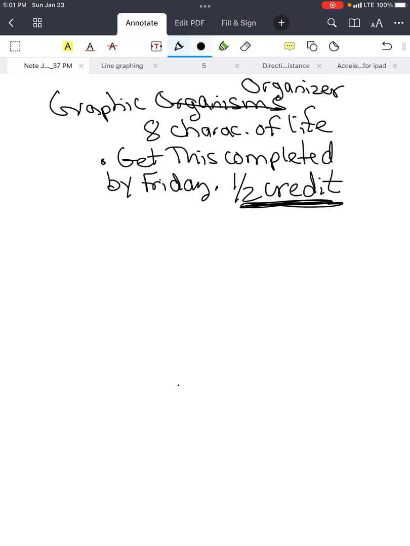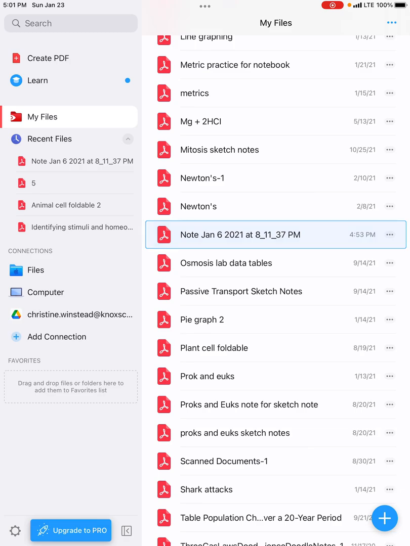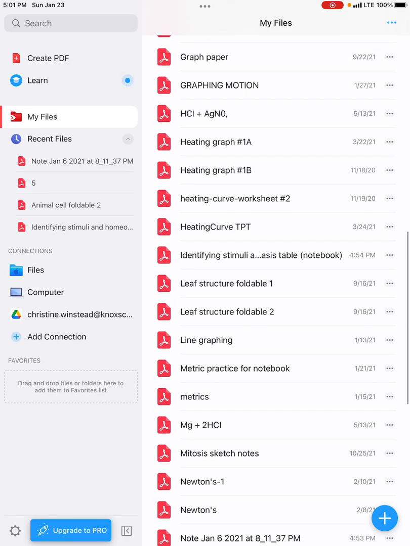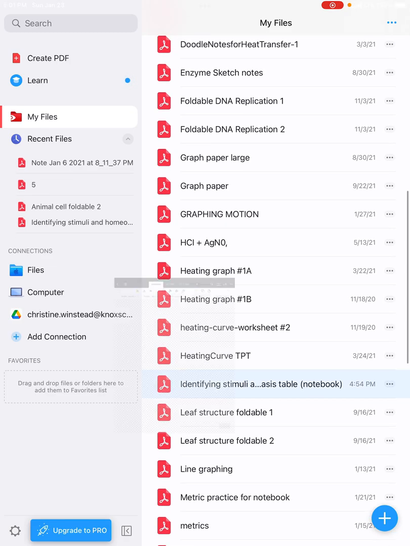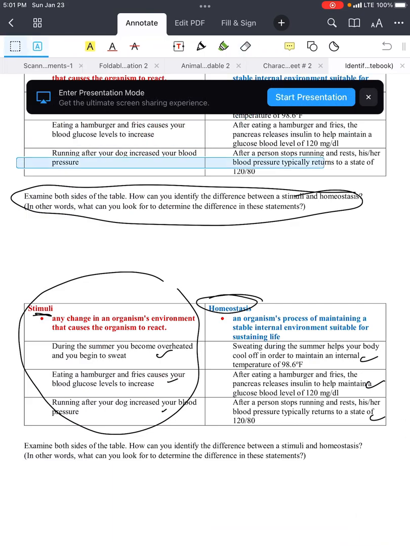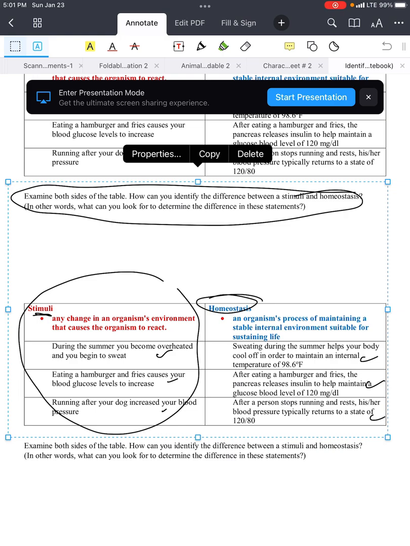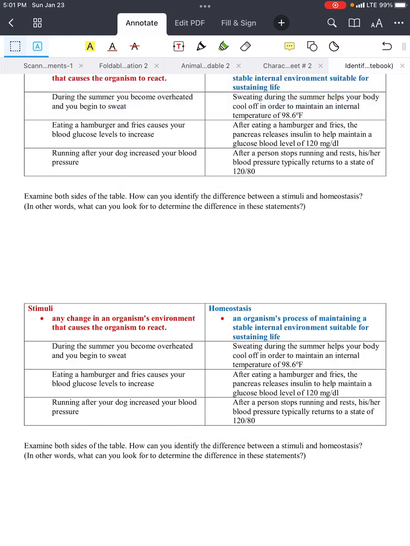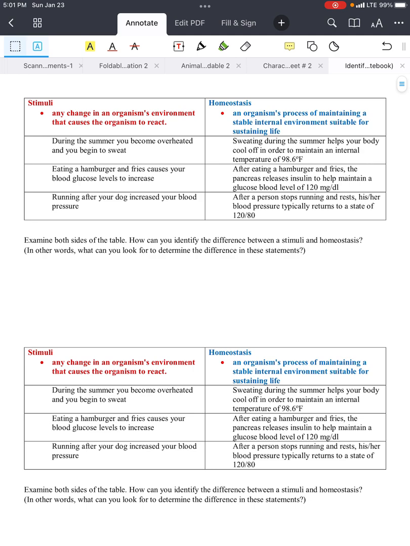All right, next thing. The sub has a sheet that looks like this. I already rewrote it. Let me go over this again. This will be cut in 2, so you only have half a sheet here. But when I was grading your Characteristics of Life worksheet, some of you were still a little confused between what a stimulus or stimuli is and homeostasis.